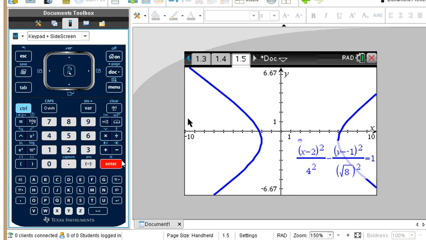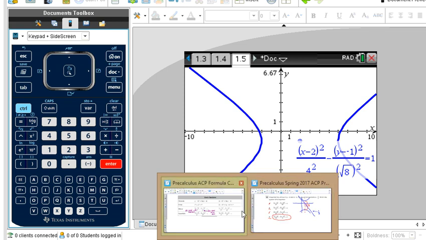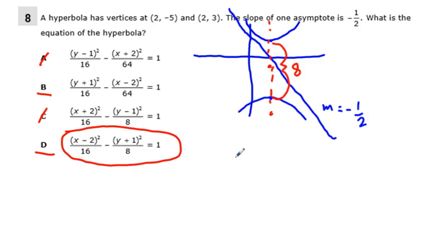So we graph that, and we have the right kind of hyperbola, except we want this a y one. x, y, let's check it out. Yeah, it's going to be this guy right up here. It's going to be B instead.